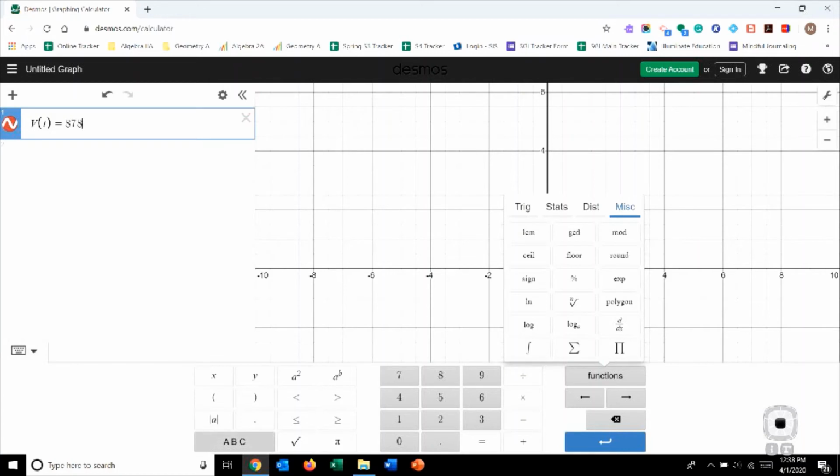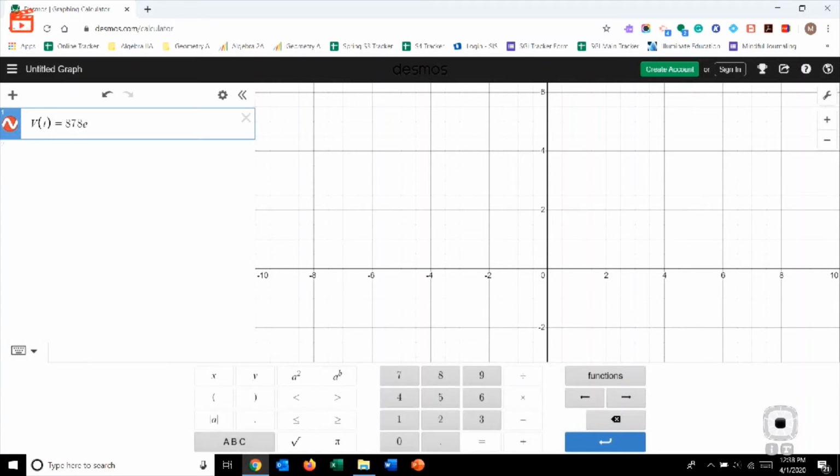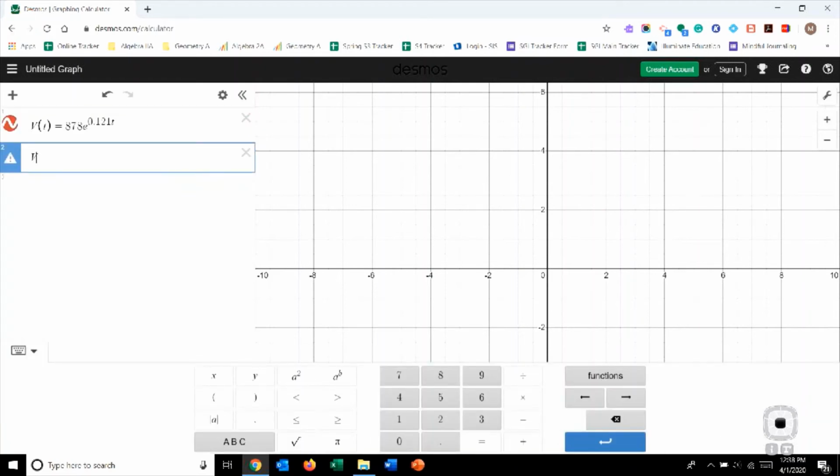And then let's put this to the power of 0.121t. So then my other equation would be V(t) is equal to 3,000.